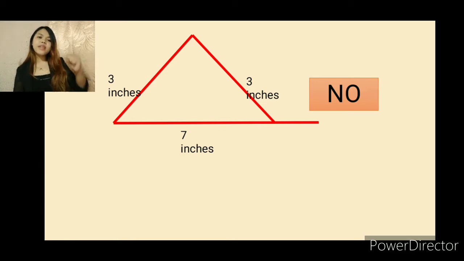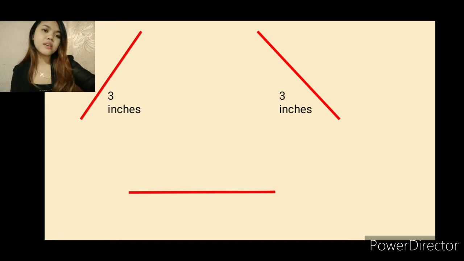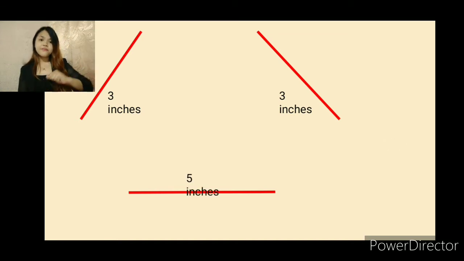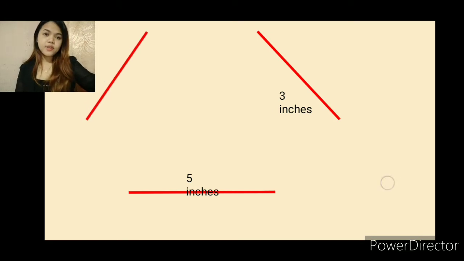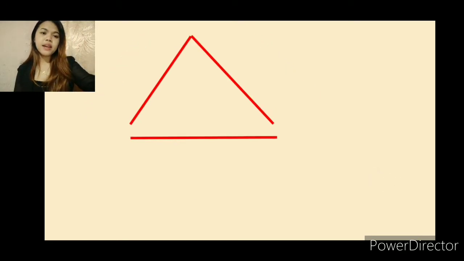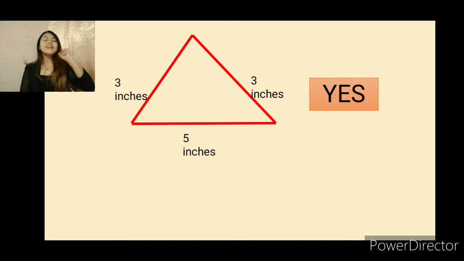Okay, so next let's have group 3. Group 3, you have 3 inches, 3 inches, and 5 inches. What's your answer? Let's see if your answer is correct. The correct answer is yes.